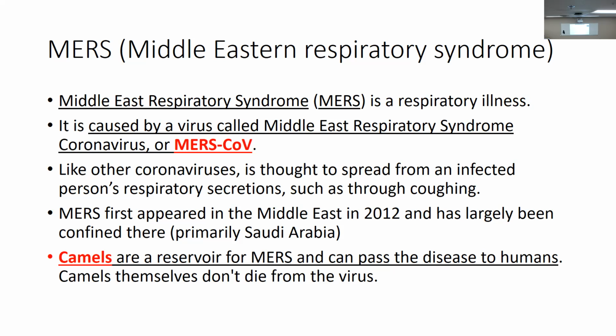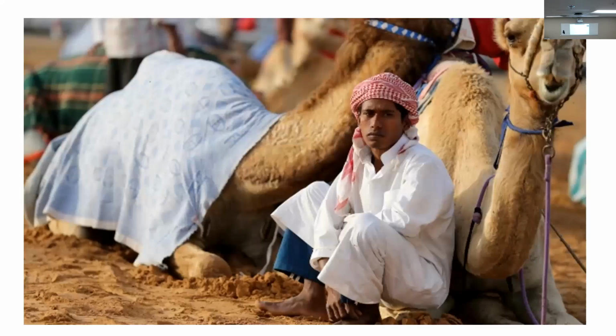Camels. Camels are a reservoir for MERS and can pass the disease to humans. The camel doesn't die, but here's another one that's doing what? Jumping from animal to human. Got our great picture of Saudi Arabia and the camel.